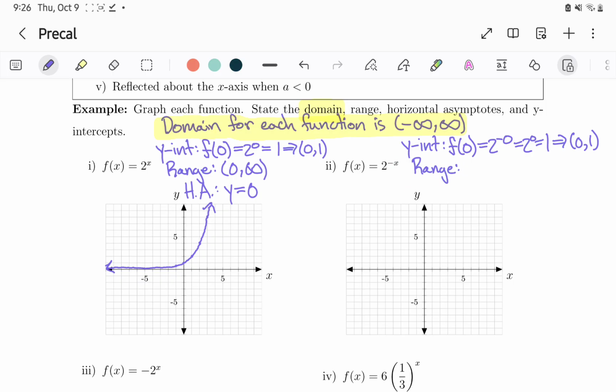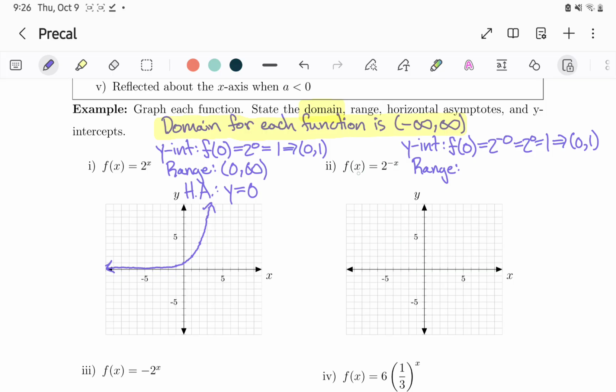well, now this time when x gets very, very small, so large negative numbers in other words, 2 to the minus x is going to blow up. So for instance, f of minus 1 is just equal to 2 to the 1. And then f of minus 2 is going to equal 2 to the minus 2, in other words, 2 squared, so 4.